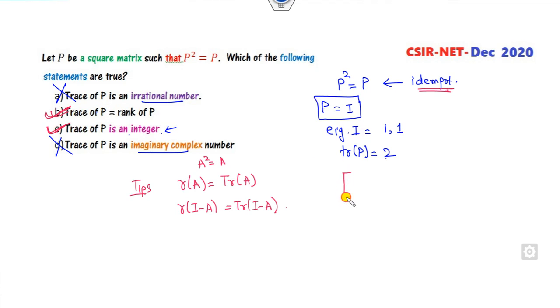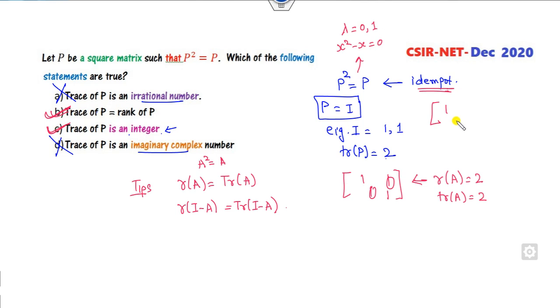But how can we say? We can see here, this is my I. If this is my I, what is the rank of A? 2. What is the trace of A? 2. If I consider the eigenvalues 0 and 1, because x square minus x is equal to 0, then I can consider this value also.